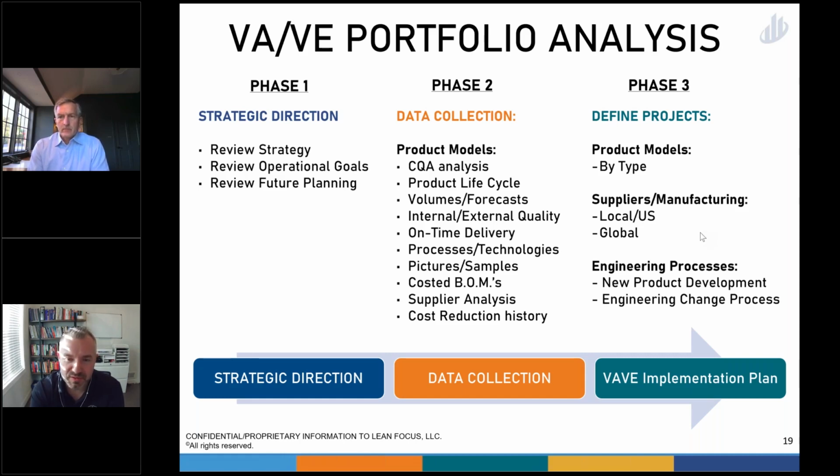This was a remote portfolio analysis spread out over 6 weeks. We had homework in between the times that we met, and we probably had somewhere in the neighborhood of 35 to 40 people working across the company in these different topics to yield the project funnel. Next.